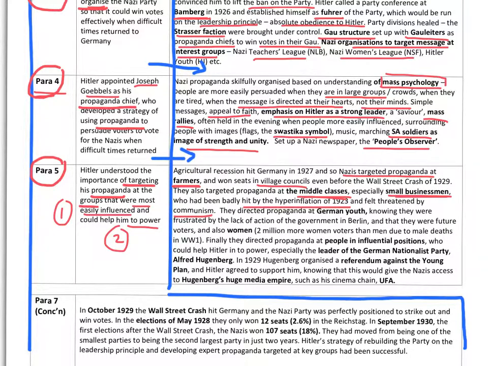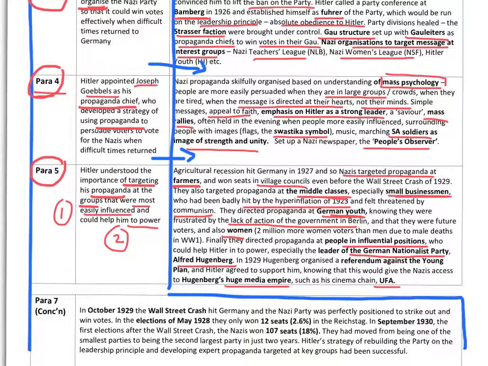They also directed propaganda at German youth. Okay, they were the future voters. They were frustrated by the general lack of action in Berlin, and they also directed propaganda at women. Finally, they directed propaganda at people in influential positions, and Hitler formed a strategic alliance with the leader of the German Nationalist Party, Alfred Hugenberg, in 1929, who gave the Nazis access to his huge media empire, UFA.